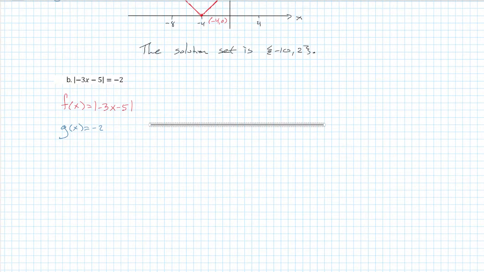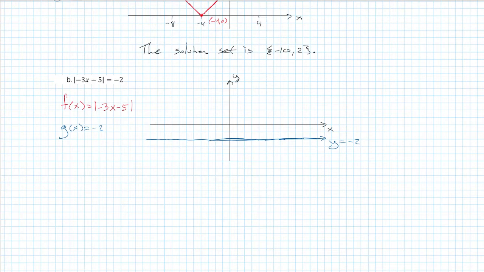Draw a horizontal line, get a vertical line in here. We'll again just use a scale of 1 by 1. So I'll start by drawing my g of x equals -2, a horizontal line with a height of -2, and get that labeled as y equals -2.